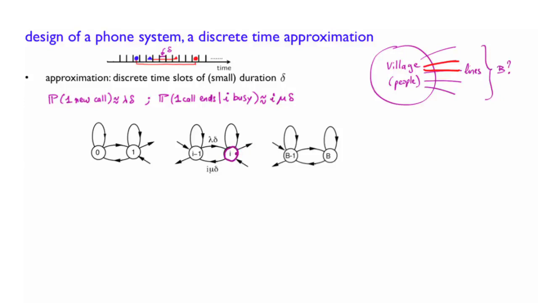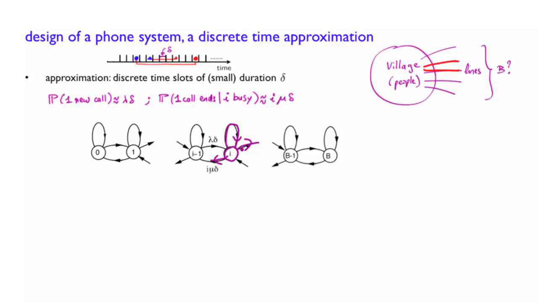Well, a new phone call gets placed, in which case the state moves up by 1, or an existing call terminates, in which case the state goes down by 1, or none of the two happens, in which case the state stays the same. Well, it is also possible that a phone call gets terminated and a new phone call gets placed in the same time period.